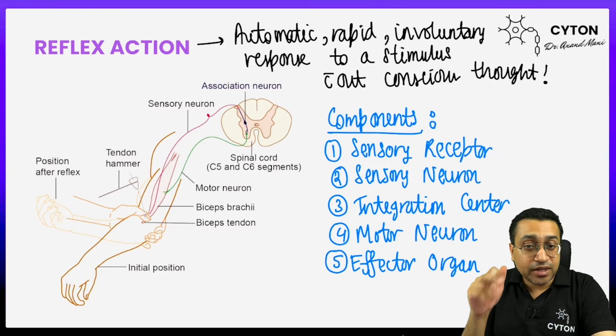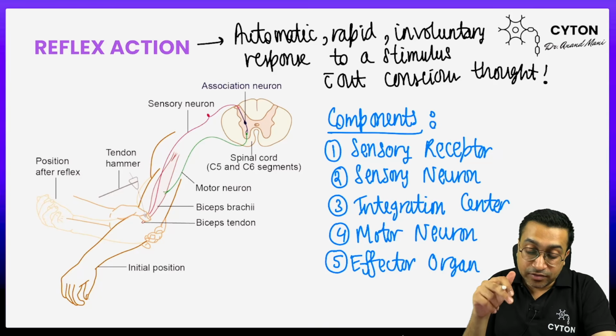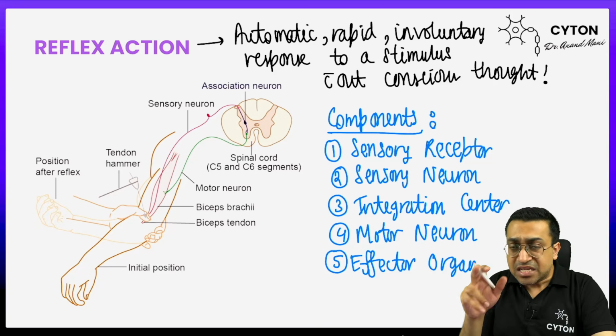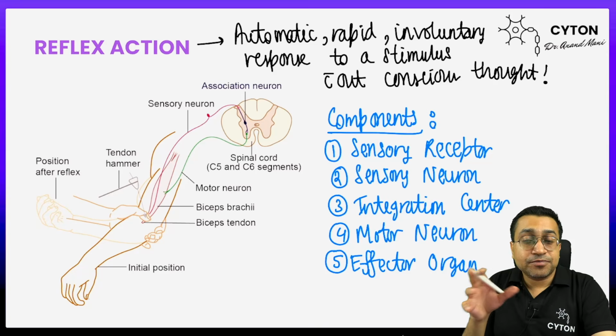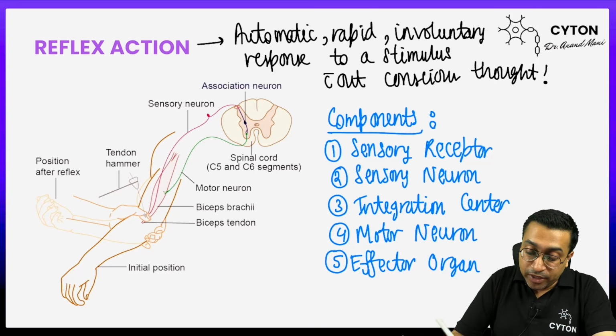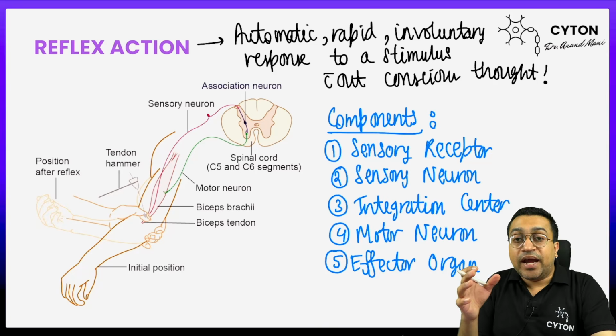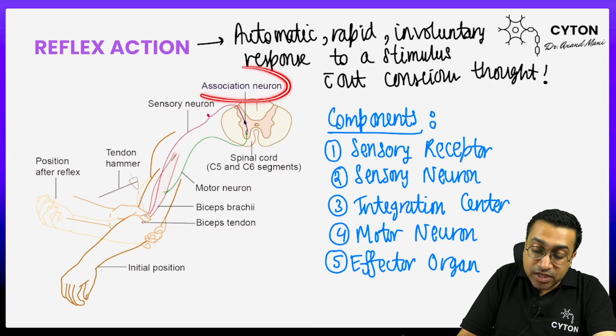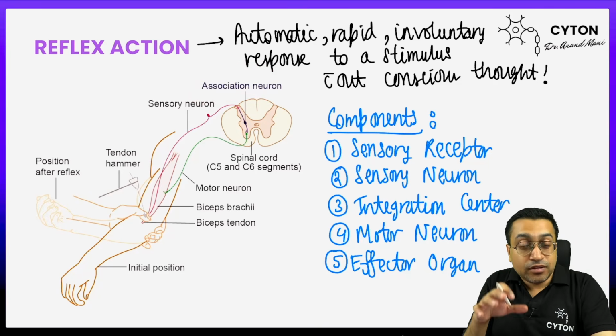There is an integration center in the spinal reflex arc. Sensory neuron synapses with the interneuron, which is also known as association neuron, as you can see in this photograph also, within the spinal cord itself.